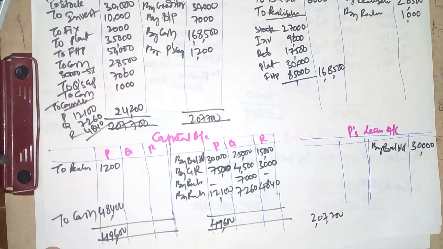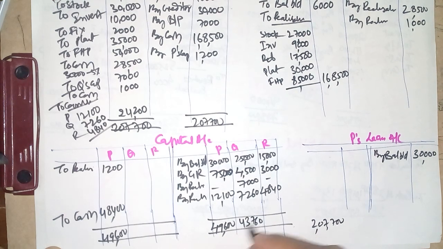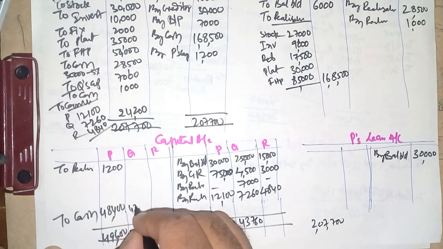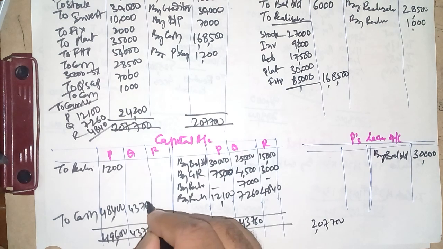Next, close the next account. 25,000, 4,500, 7,000, then 7,260. So 43,760. As there is no balance on the debit side, 43,760.